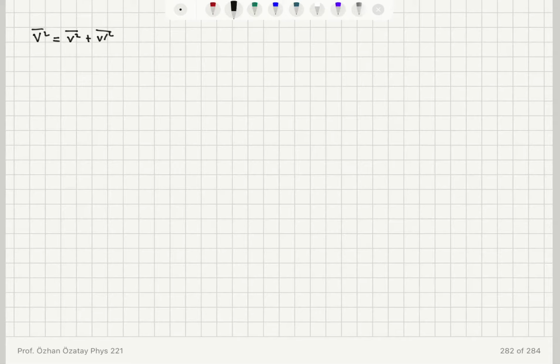And now, because this is not a rigorous theory, we're going to neglect the difference between the average value of v squared and v bar squared, and make them equal.